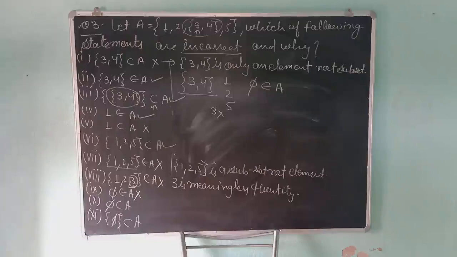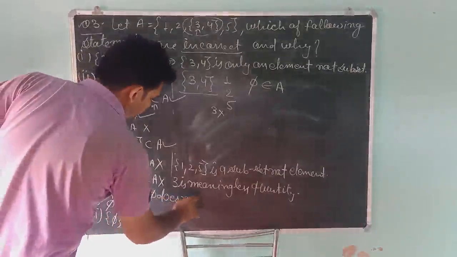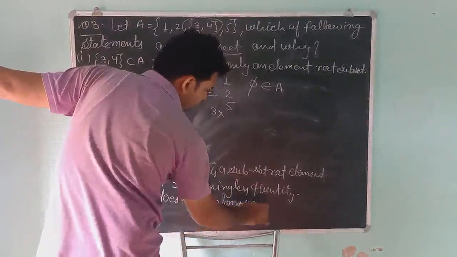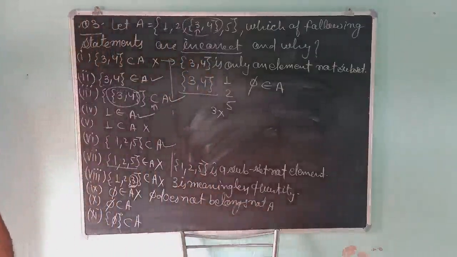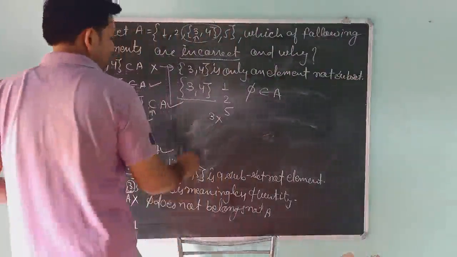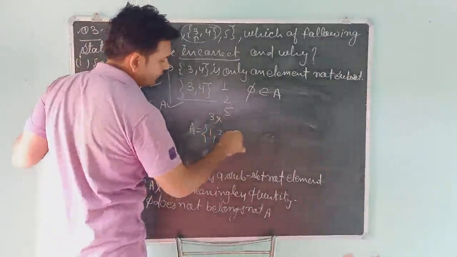And here, as the reason, you will write 5 does not belong to A. Suppose that students, if you have a set A, and in this set we have elements 1, 2 and 5.